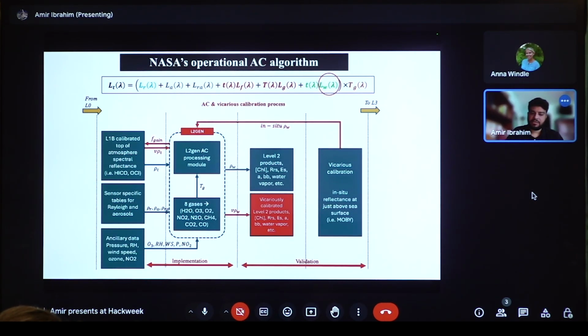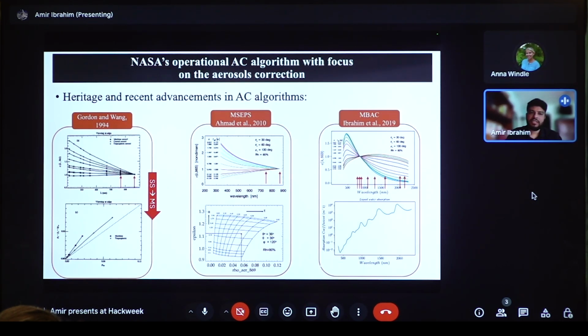so we can get to the surface reflectance. NASA, over the past several decades, has focused on developing an operational algorithm. By operational, I mean an algorithm that is capable of processing level 2 products within a reasonable amount of time and producing that on a global scale.